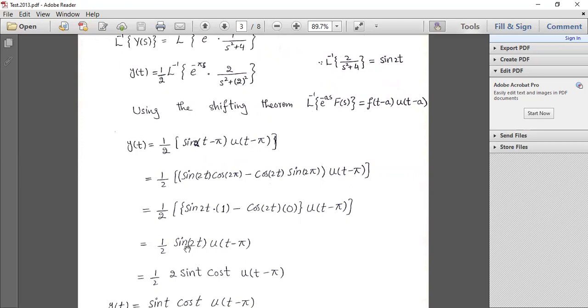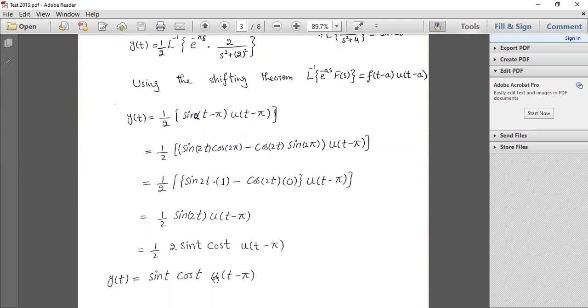Trigonometric identity formula of sine 2t: 2 sine t cos t. Now when we simplify this, 2 and 2 will be cancelled with each other. And at last we get the required solution y of t is equal to sine t cos t u of t minus pi, which is the required solution of the above differential equation 1.